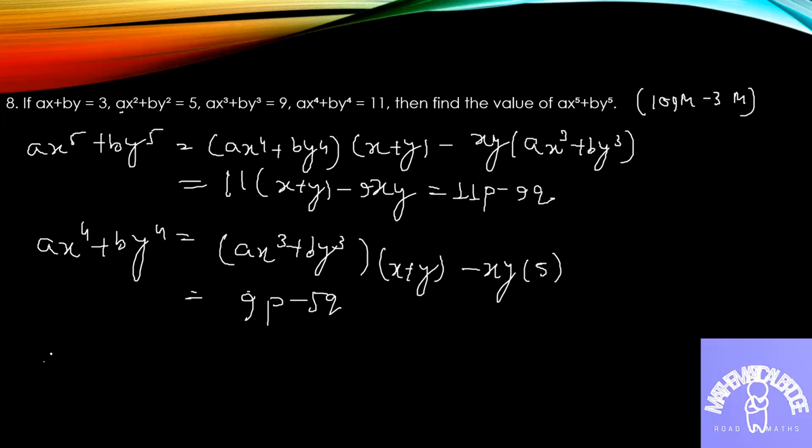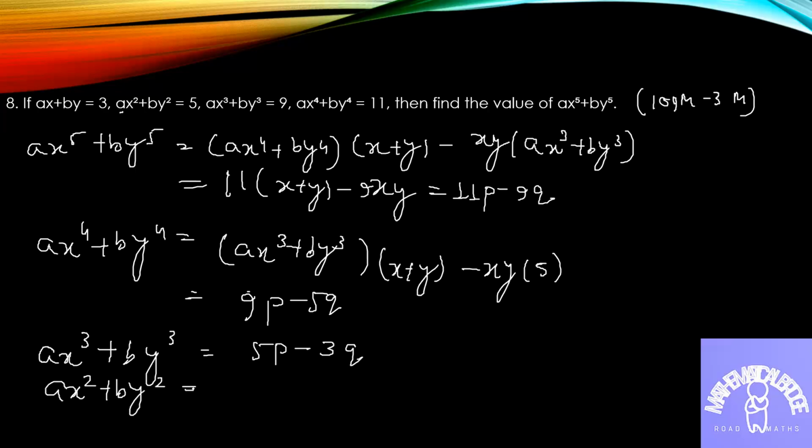So again you can write ax cube plus by cube as 5p minus 3q, ax square plus by square as 4p minus 2q, and ax plus by as 2p minus q, right?